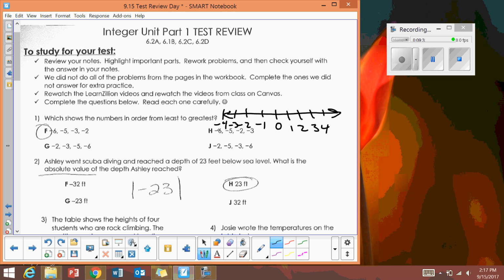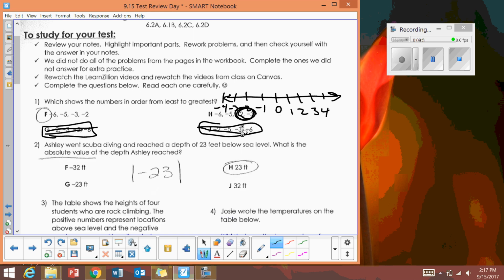So this one right here, G, that would be if it was positive, it would be 2, 3, 5, 6, but it's negative, so it's the opposite way of what we think. Same with J. Both of these answers are not correct because they go in the opposite direction. H is not correct because -2 and -3 are mixed up.